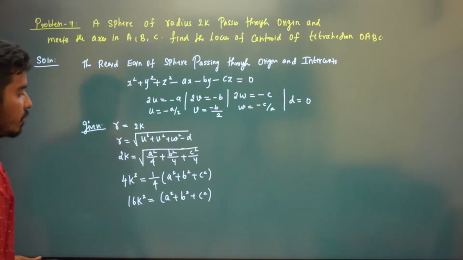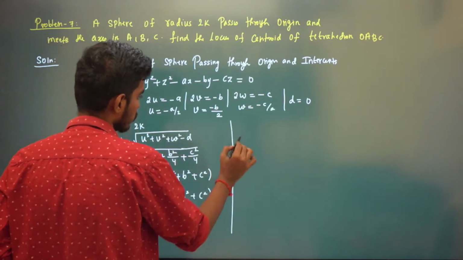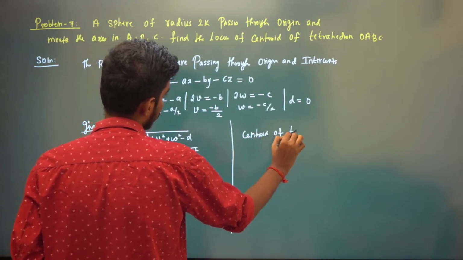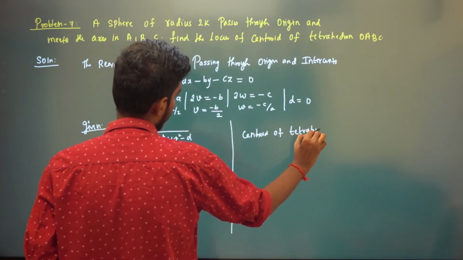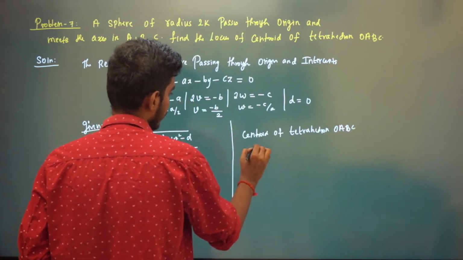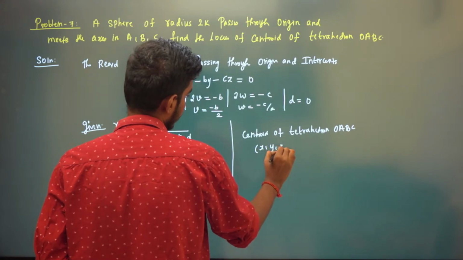Now what is the centroid of the tetrahedron OABC, right? Let that be x comma y comma z.